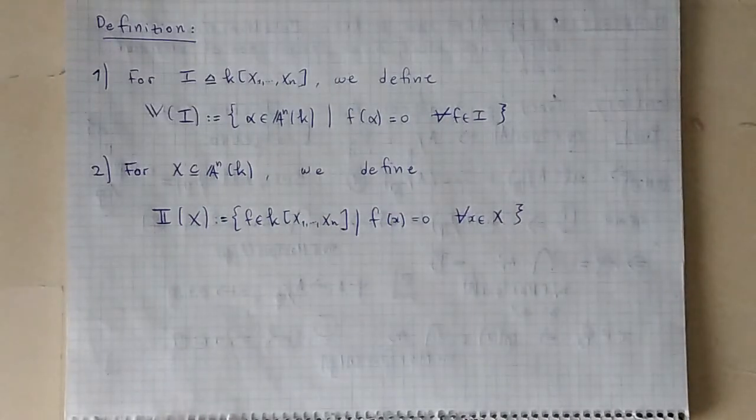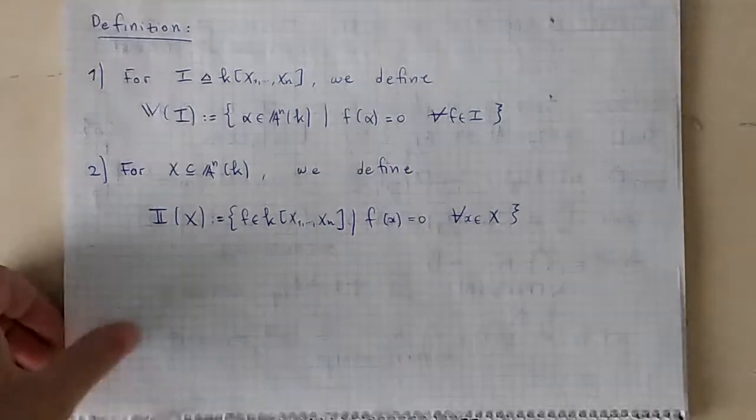So it consists of all the polynomials in our ring such that they kill every element in X, right?